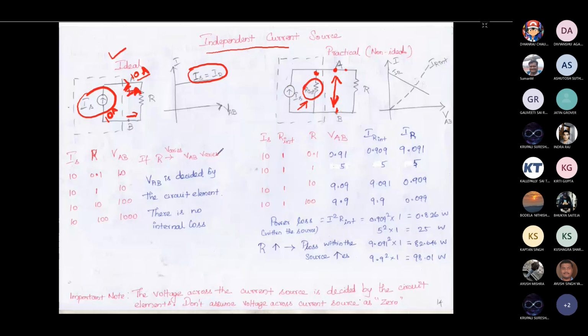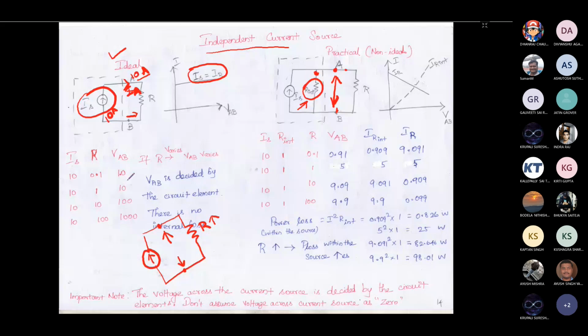So you have a current source, then you have a resistor. You change the resistor value in such a way that the voltage across this element, or across this terminal, is going to increase.